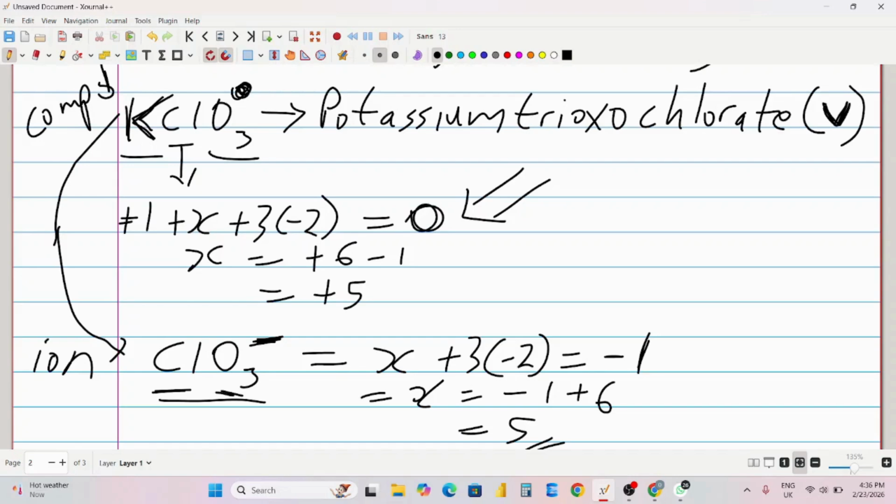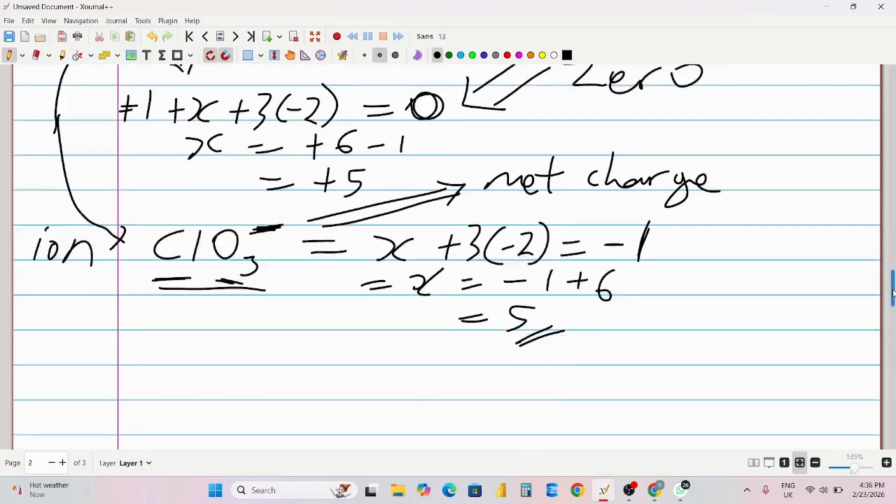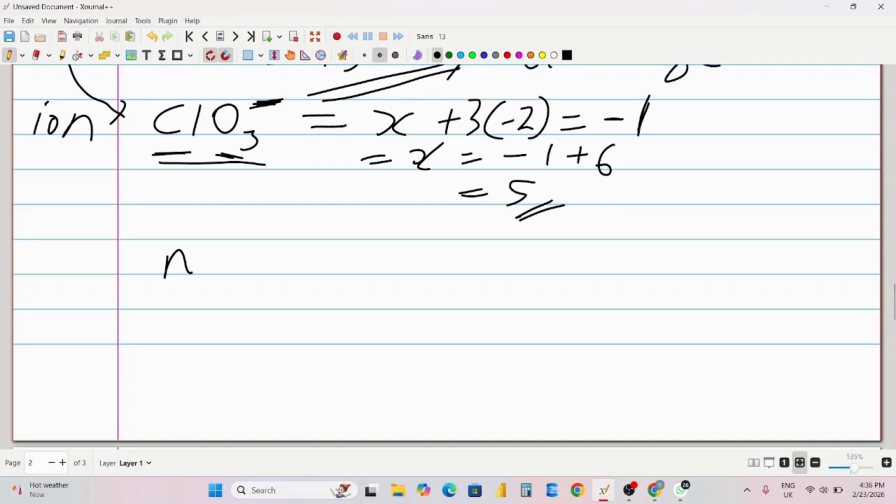but for the radical we equated to the net charge. So if a radical has a net charge, let's say for example something like this, and you're looking for carbon, it will be x -2 in 3 places, everything equal to the net charge.